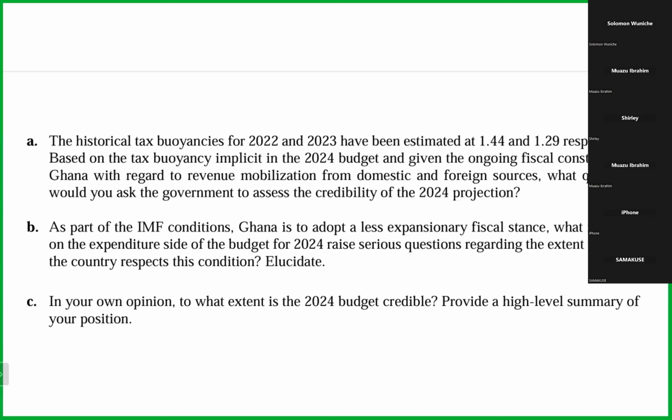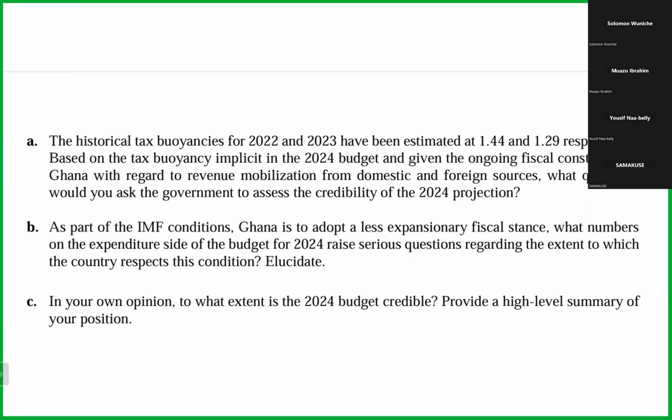Hello, Doc. Okay, someone has raised their hand. Solomon, please go ahead. Doc, please, sir, will you be charitable enough? Okay, go ahead. Yeah, for the sake of those of us who have no economics background, can we have more questions on theory in the exams?